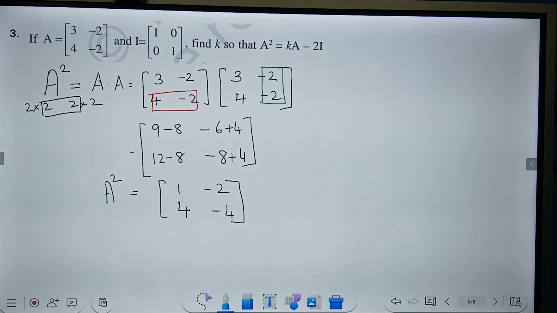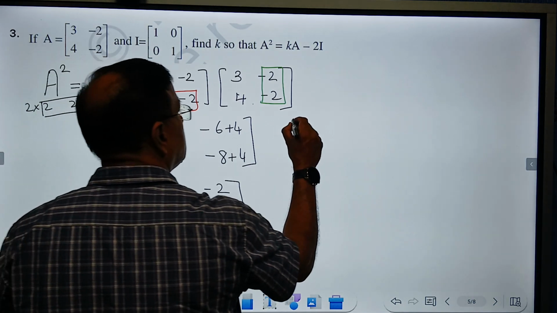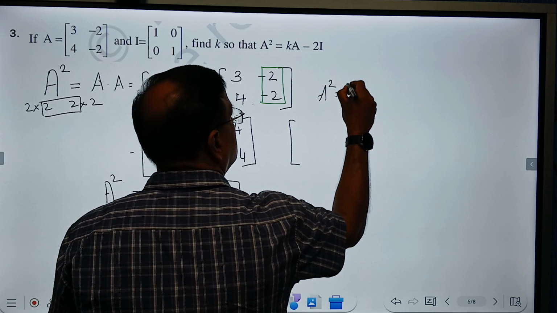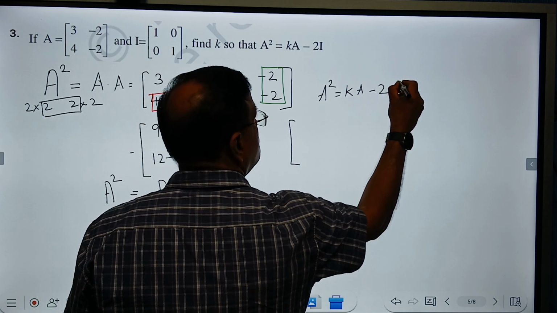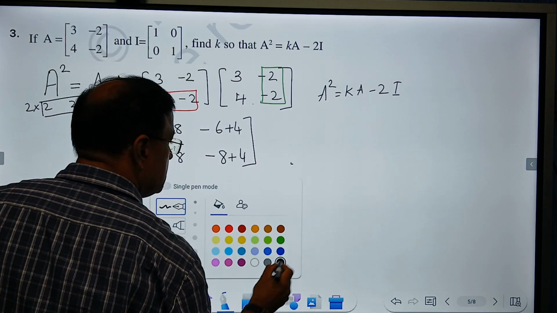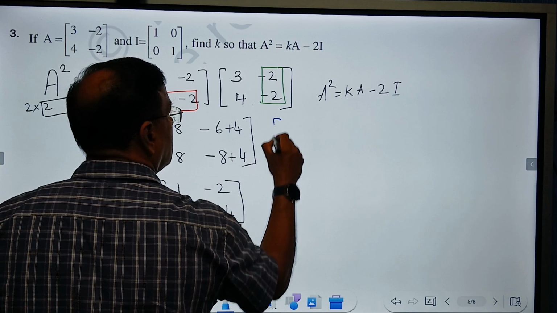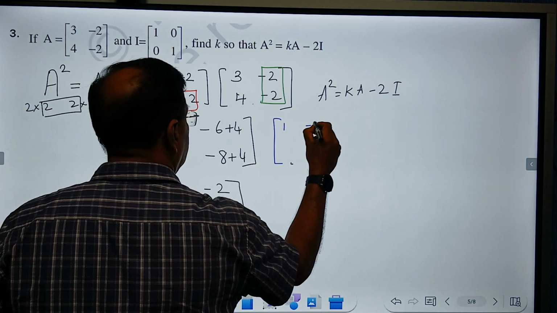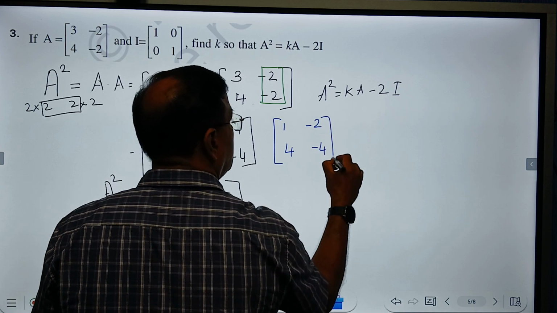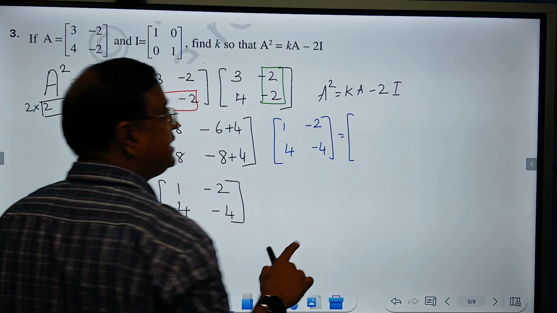Now take this and substitute in that equation. What is the equation? A square equal to KA minus 2I. My A square is 1, minus 2, 4, minus 4 equal to, what is KA?